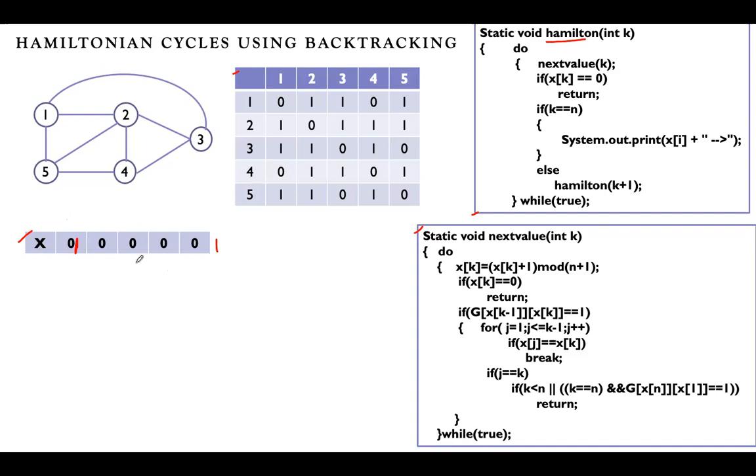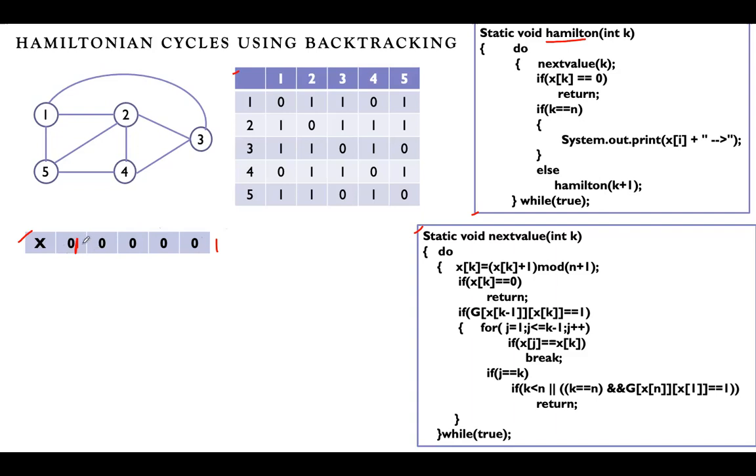The complexity of Hamiltonian cycle identification using backtracking is O of n to the power of n. The X array keeps track of the cycles that are present in the graph. Now all the values are initialized to 0.